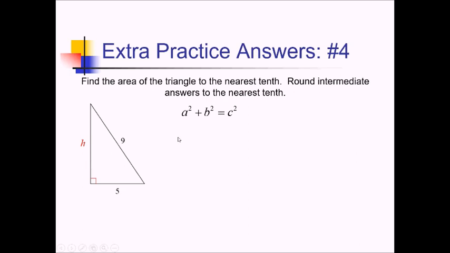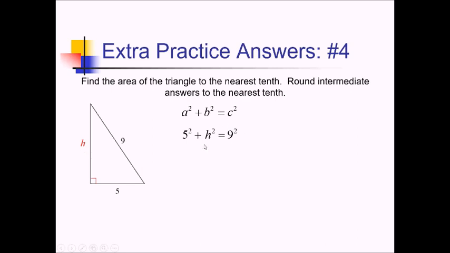So using Pythagorean theorem, I see that c is going to be this 9 side across from the right angle. So then a and b are these other two sides. So I can write 5 squared plus h squared equals 9 squared. 9 squared is 81. 5 squared is 25. I'm going to subtract 25 from 81 to get h squared by itself.